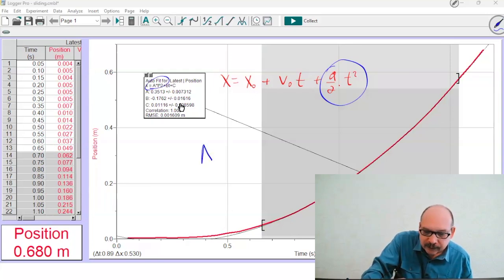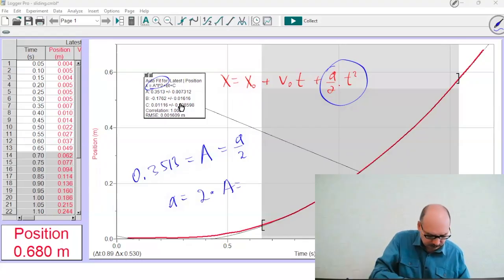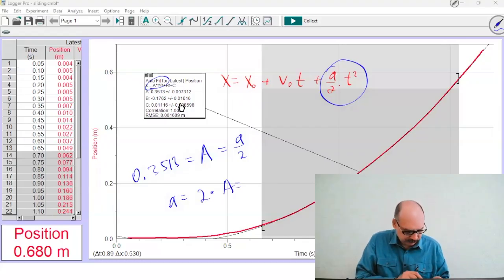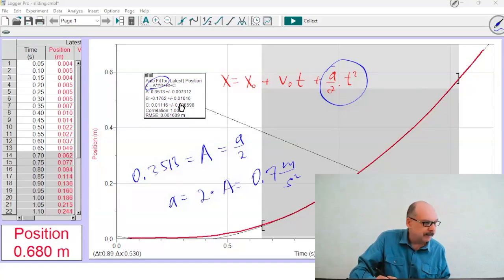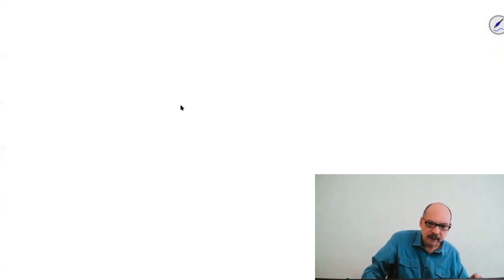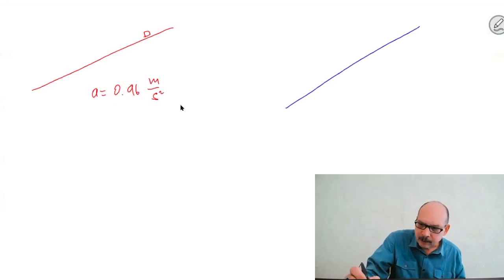In this case, this coefficient should be equal to a half of the acceleration. And this coefficient equals 0.3513. So acceleration will be equal to twice that: 2 times 0.3513, about 0.7 meters per second squared. So let's put it on the slide. Now, when you make it roll, the acceleration equals 0.7 meters per second squared.